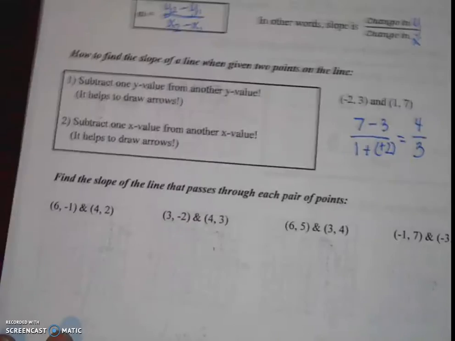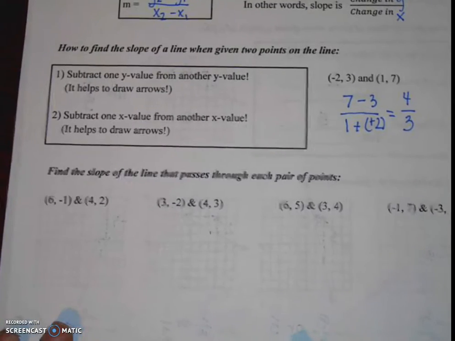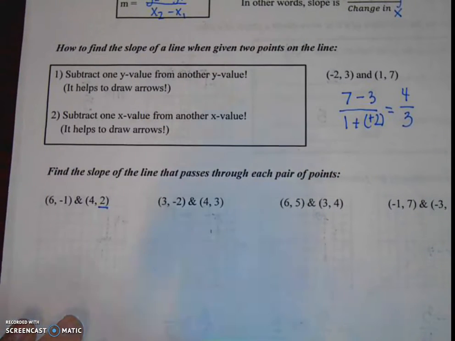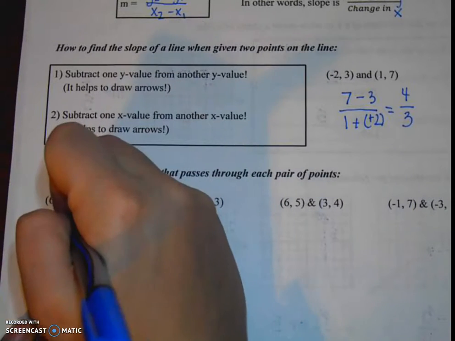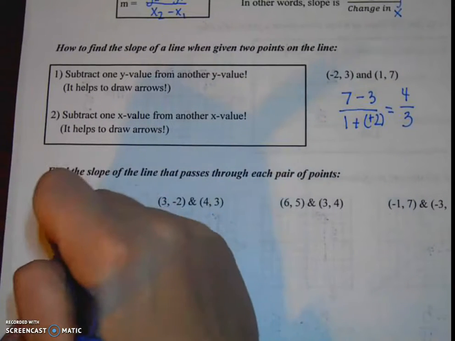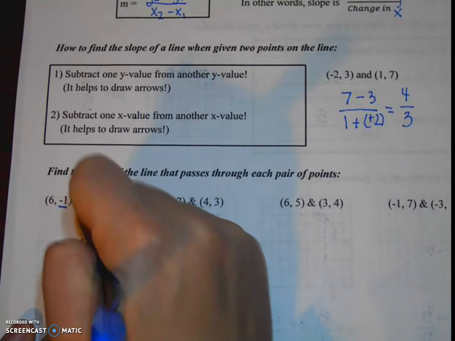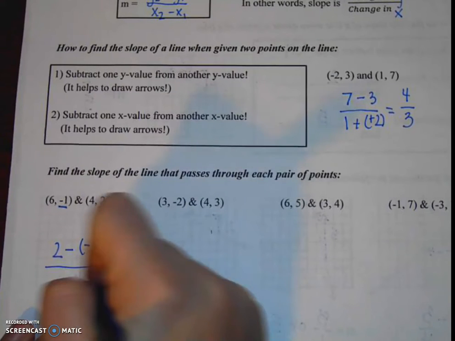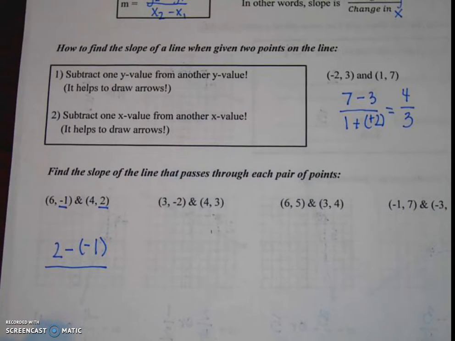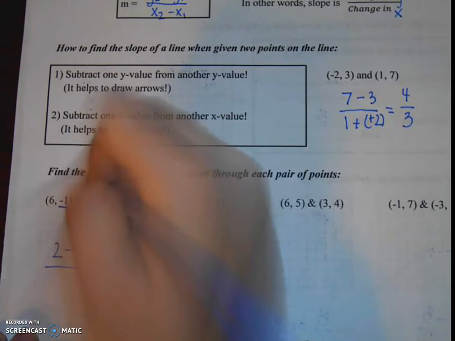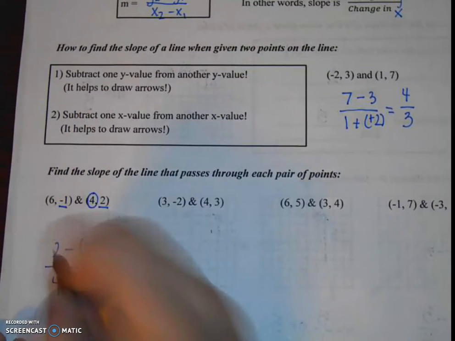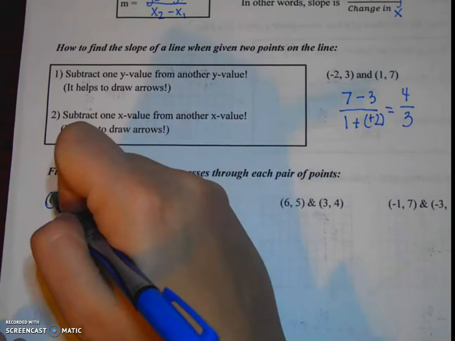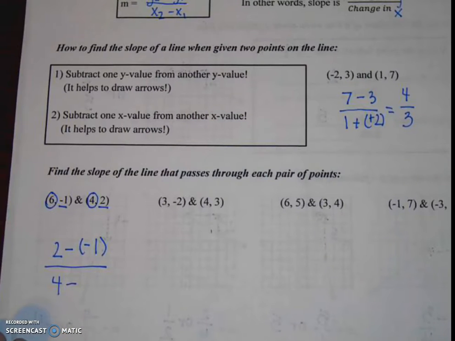So let's go ahead and practice that a couple times. So once again, we start with our y2, which is 2, and subtract our y1, which is -1. So that's 2 minus -1. Then we're going to put that all over x2, which is 4, minus our x1, which is 6.